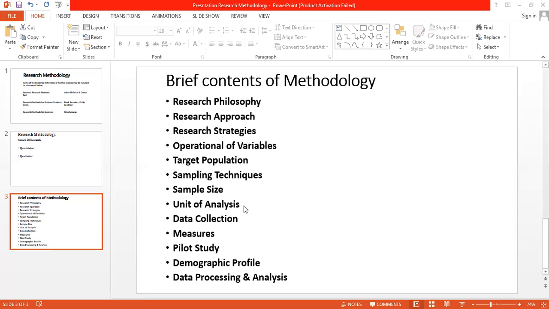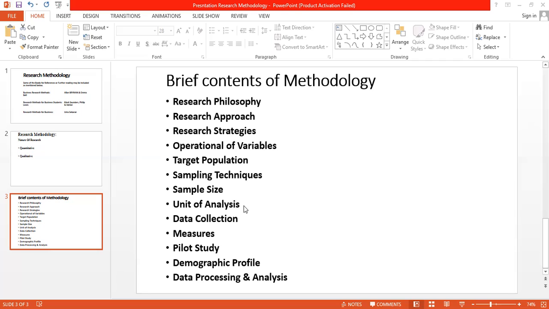Countries, or a group of countries like SAARC, European countries or Gulf countries. So the unit of analysis can be an individual, an organization, or a country. Dyad can also be a unit of analysis, as in a questionnaire which is filled by two people.